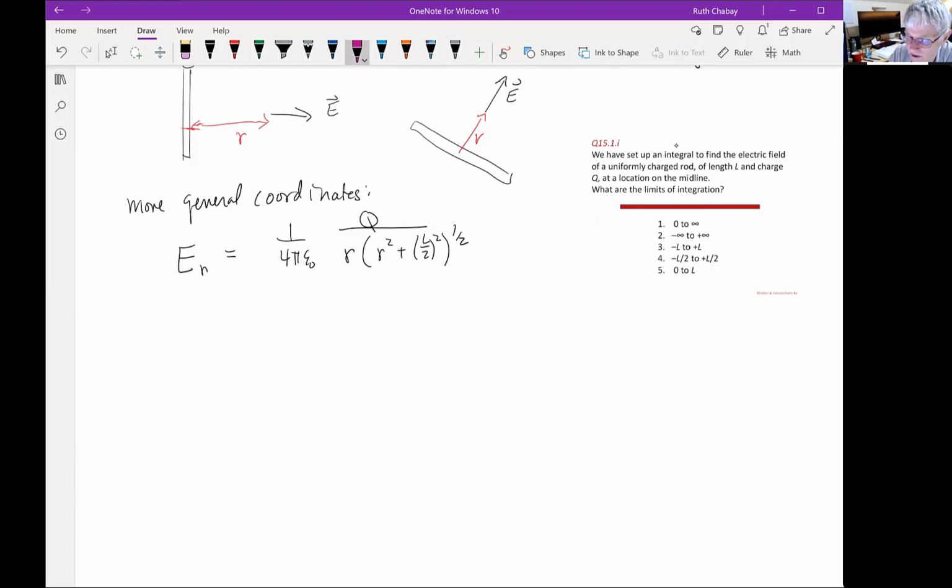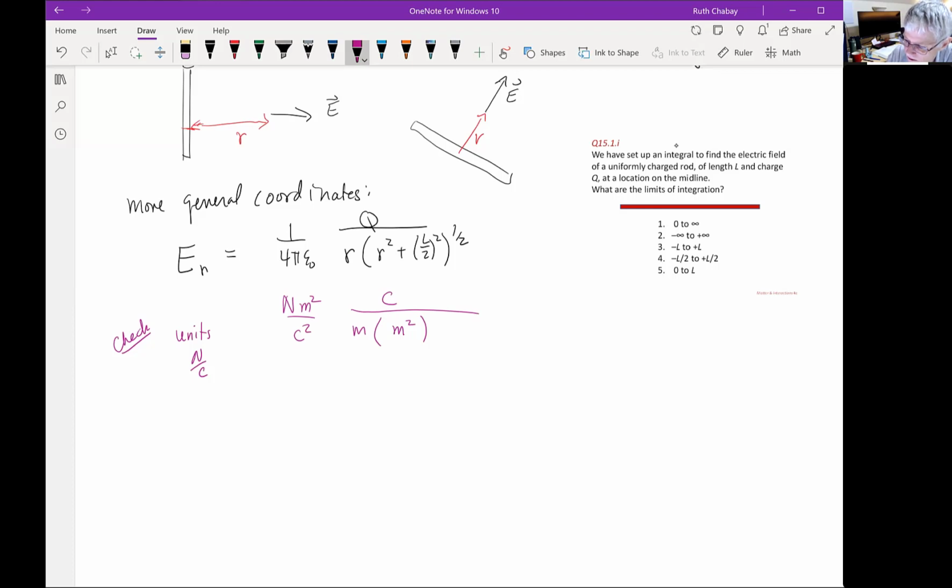How do we check to make sure this makes sense? Well, one thing is just to see if the units come out right. They should come out to newtons per coulomb, right? So we have newton meters squared per coulomb squared, we have coulombs here, and we have meters times the square root of meters squared, which is meters squared.